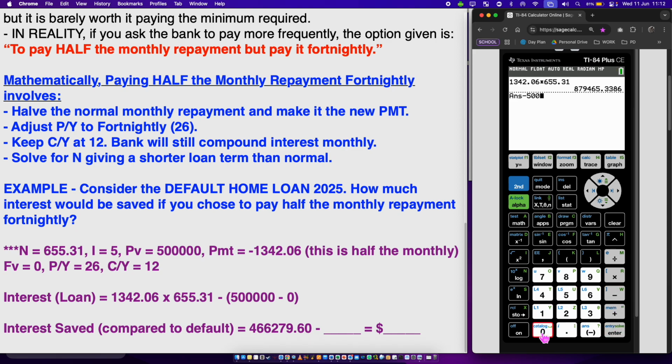Take 500,000. Well, not 5 million. Oh, that was close. Equals 379,465.34 to 2 decimal points. So that's quite a bit of a saving.